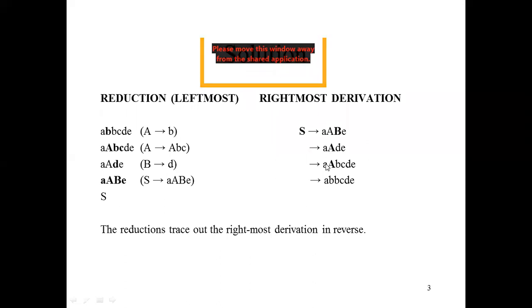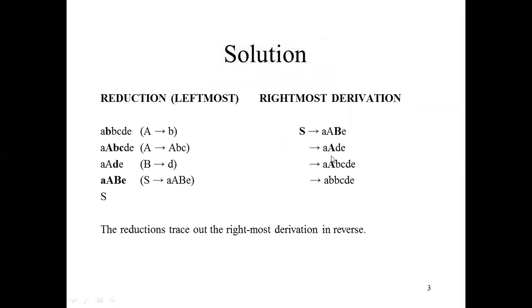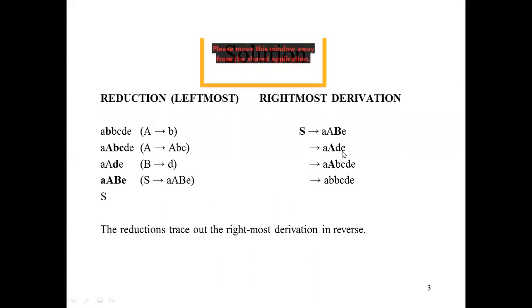Now again you can see A. Now we have here replacing A by capital ABC. Okay, and we are writing DE in the same fashion.